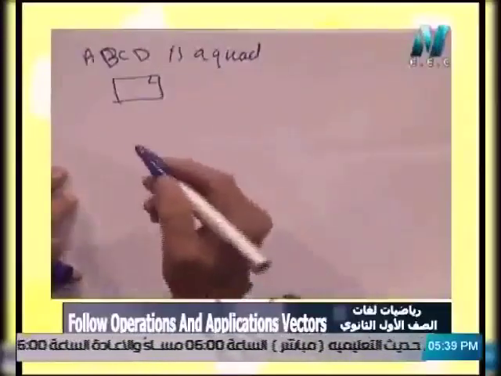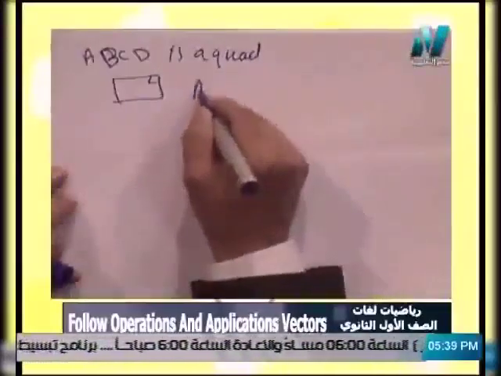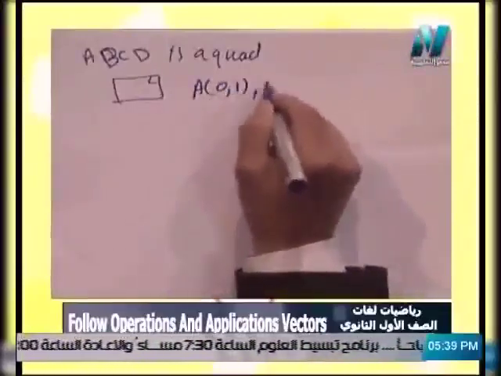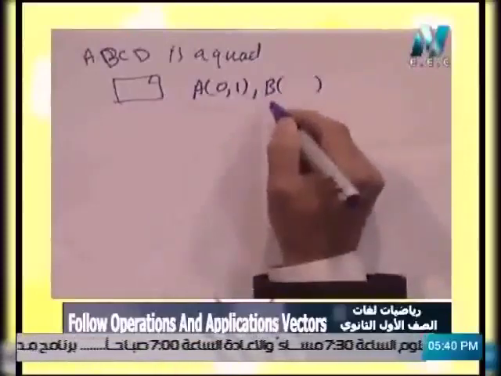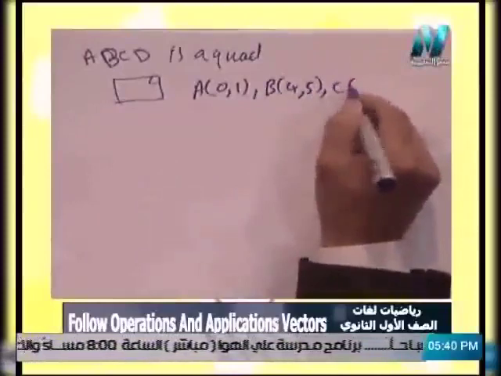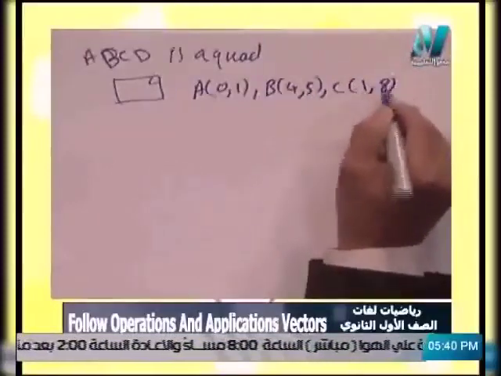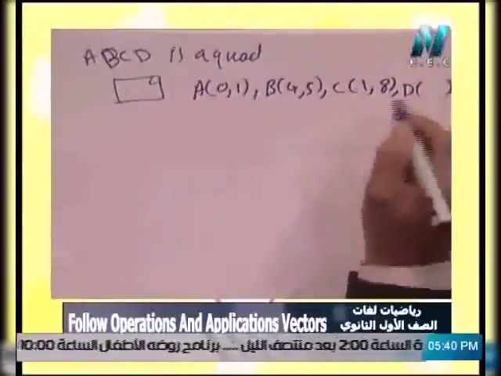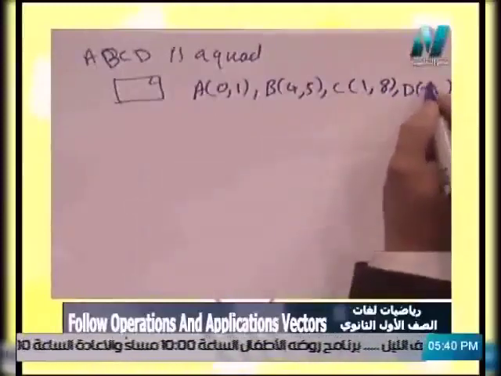The point A here will be 0 and 1. The point B, 4 and 5. The point C will be 1 and 8. And finally, the point D is -3 and 4.